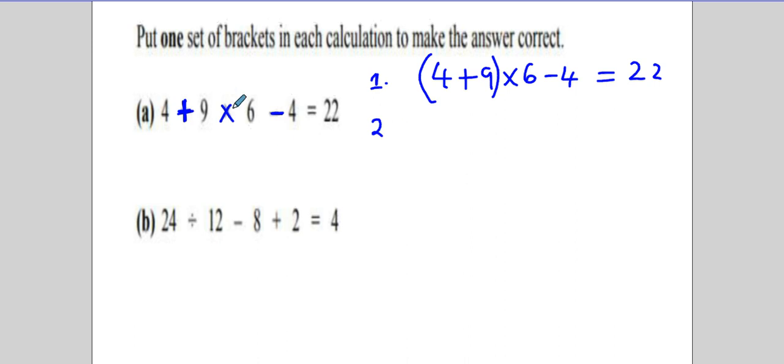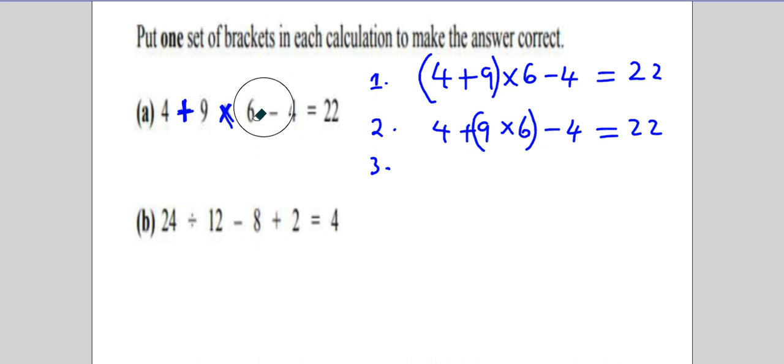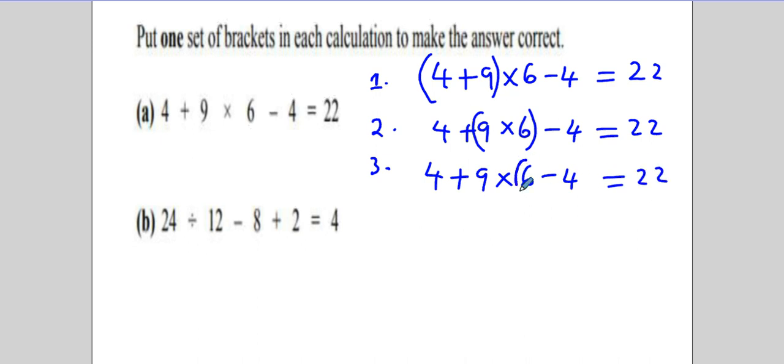Second possibility is to put the multiplication sign in brackets, which is 4 plus 9 times 6 minus 4 equals 22. Third possibility is putting the subtraction sign in brackets. That will be 4 plus 9 times 6 minus 4 should be equal to 22.